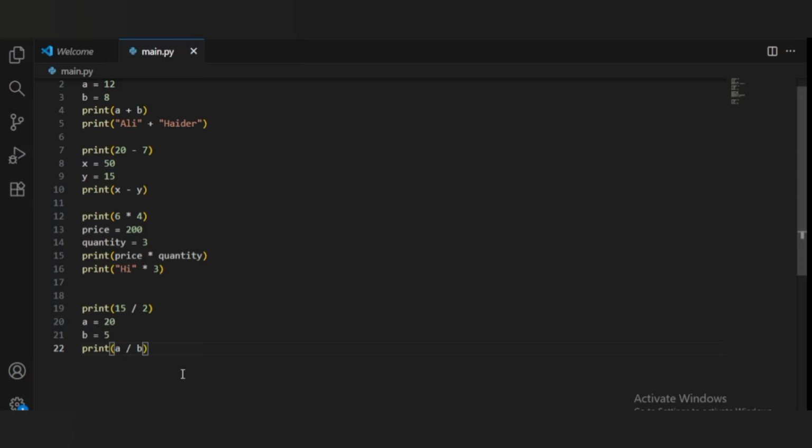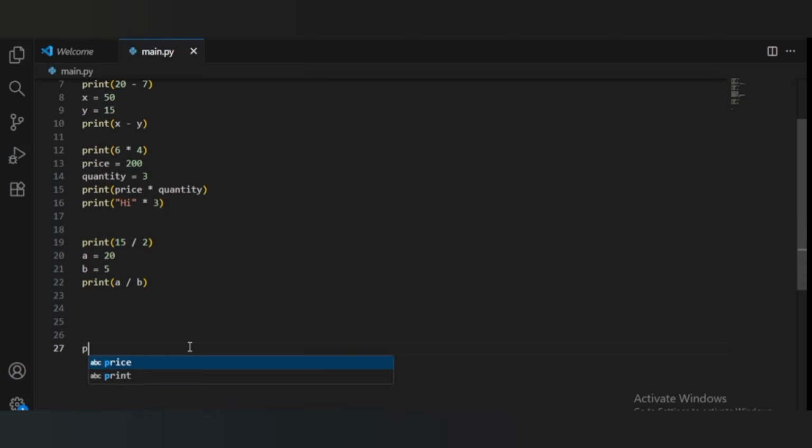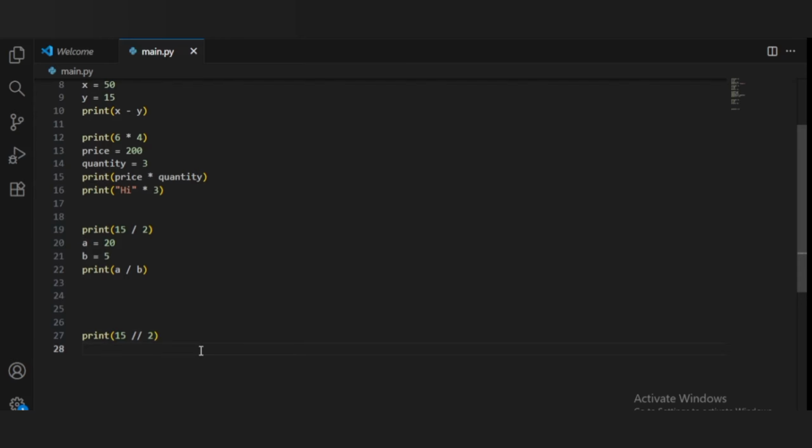Now move on to floor division. Floor division means division but the result is a whole number only, no decimal. Python removes the decimal part. For example, print 15 // 2. Because 15 divided by 2 is equal to 7.5, floor division removes the 0.5.